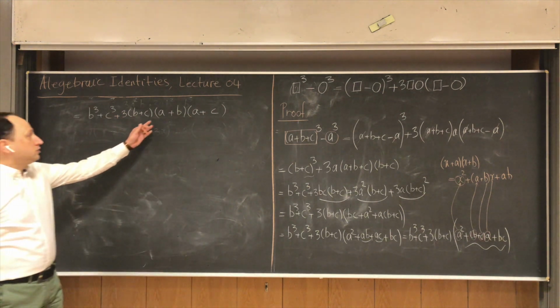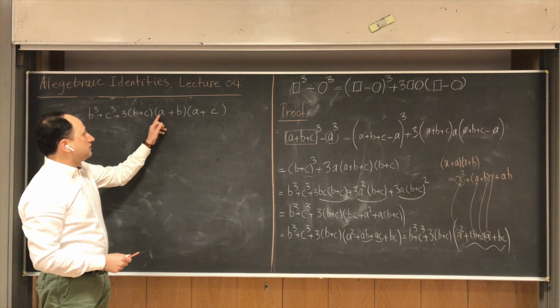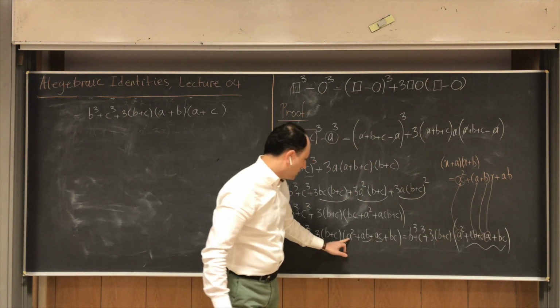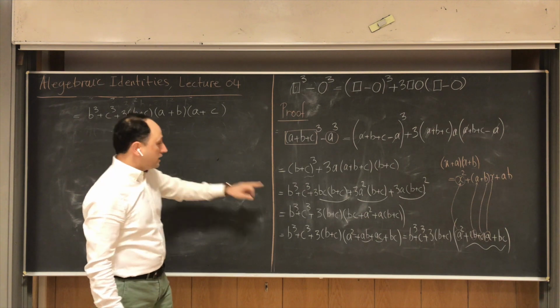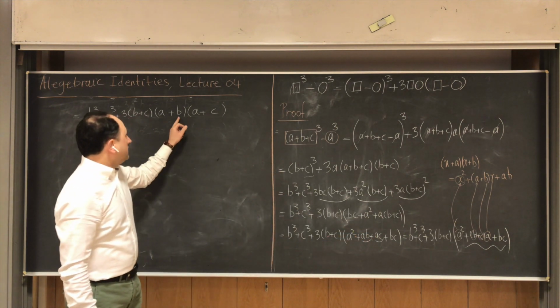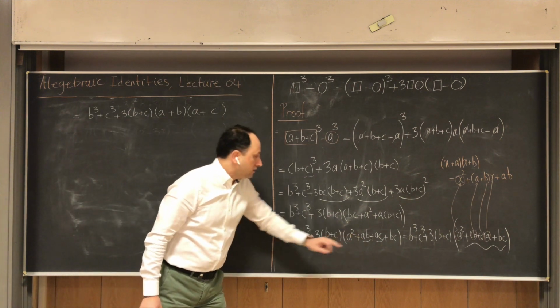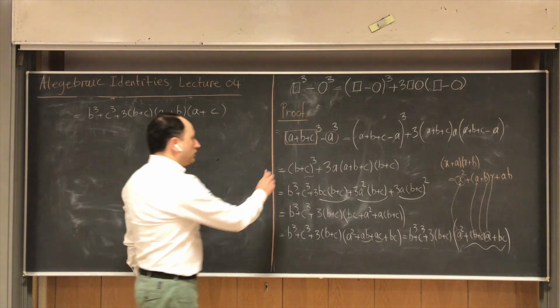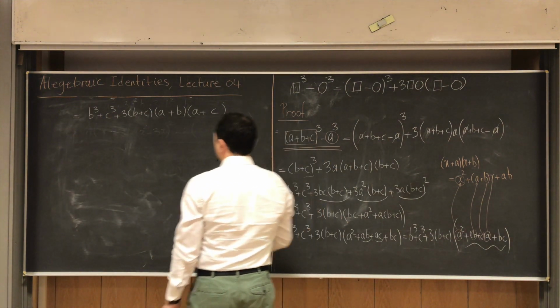So if you don't believe, you can just multiply it yourself. a times a is a squared. You can compare it here. a times c is ac, and b times a is ab, and then this is also this. But then look here, and this last term.